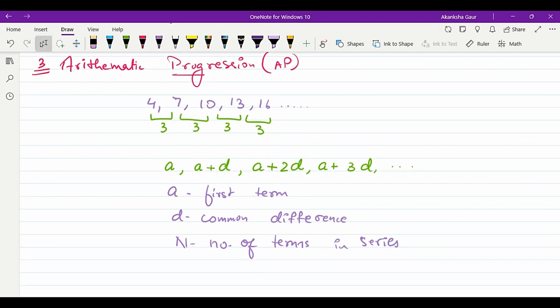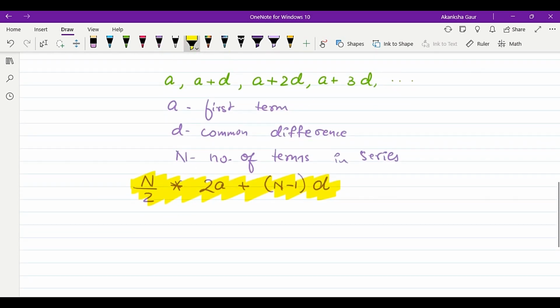If you have done this in your basic mathematics in school, you would understand the sum of AP would be n by 2 into 2a, that is my first term, plus n minus 1 multiplied by the difference d.